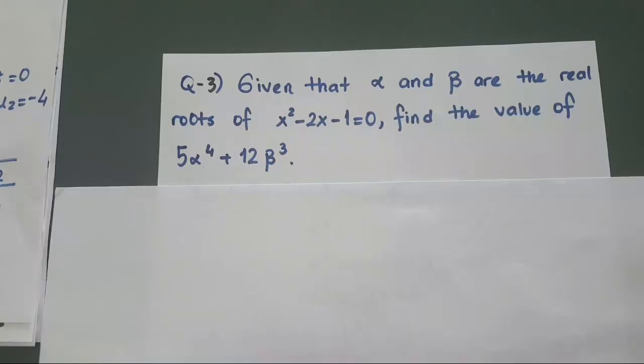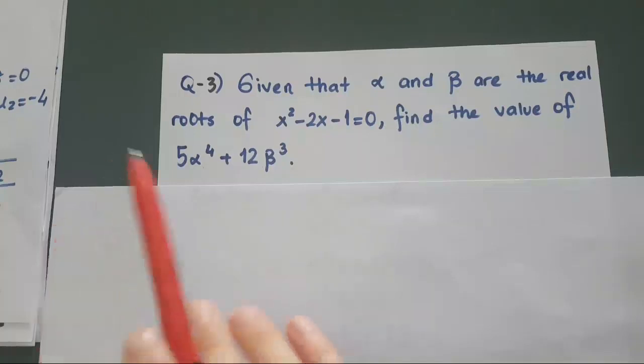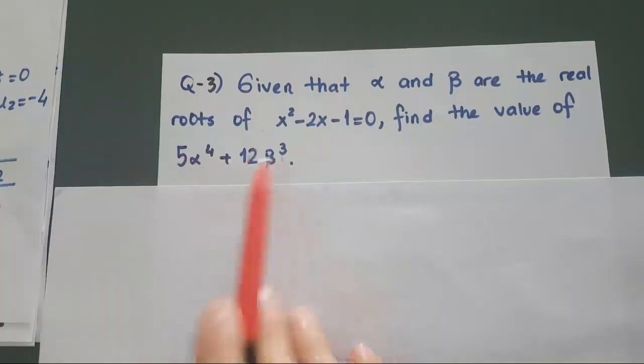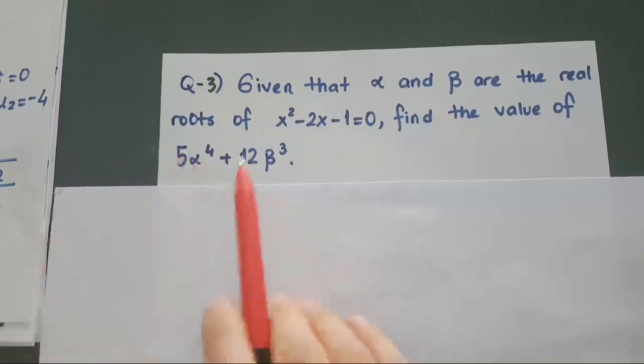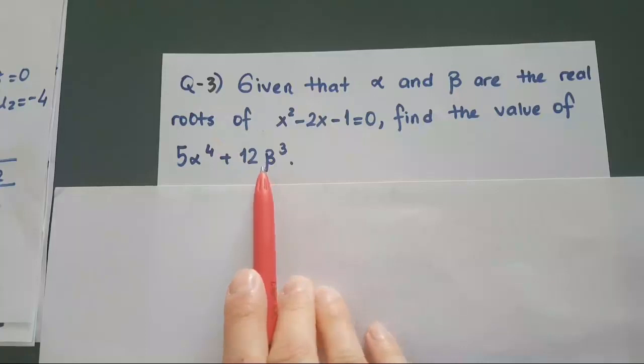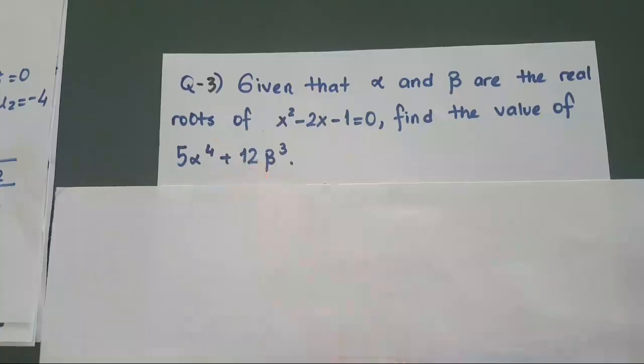The ones who got the roots, you can substitute alpha and beta in this expression, 5 alpha to the power of 4 and 12 beta cubed. Yeah, what a nice root, right? 1 minus square root of 2 over 2. It takes time to find the fourth power of that root or the cube of that root, right? So let me show you my method, how I solve the question.